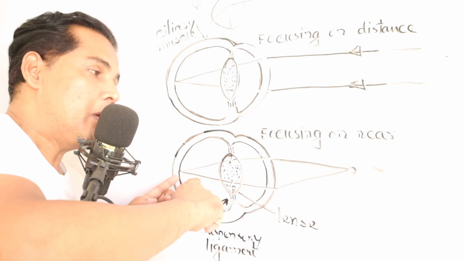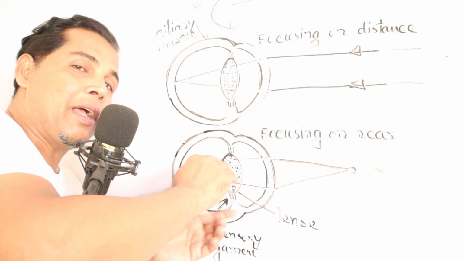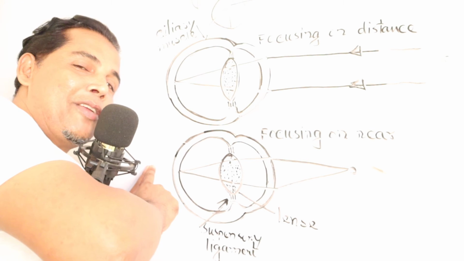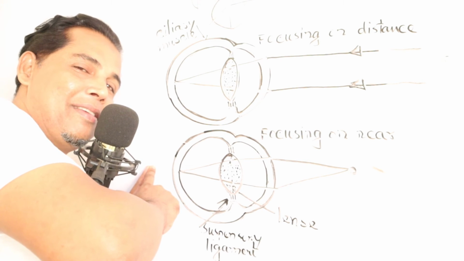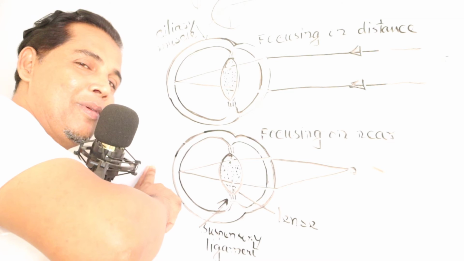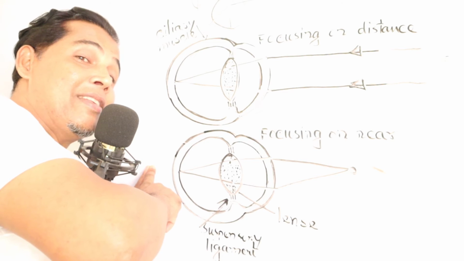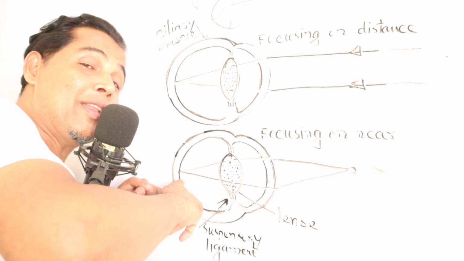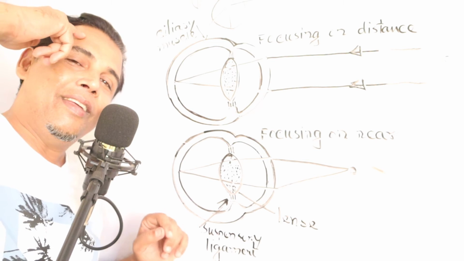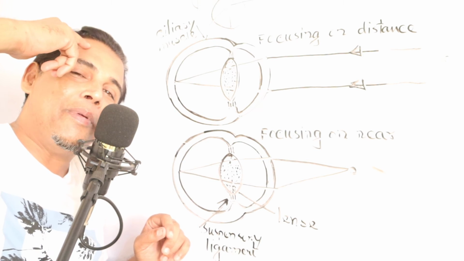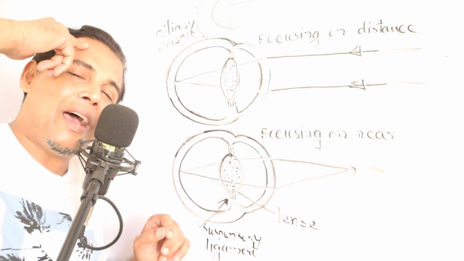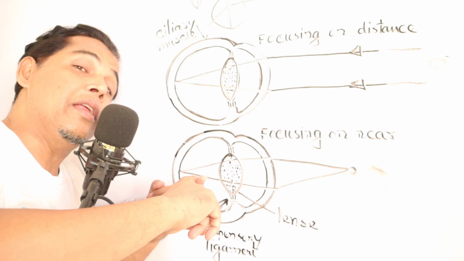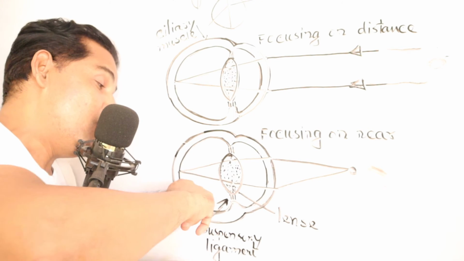Now if this lens doesn't become bent, the image forms behind the eye, which is not watchable, not realizable, because only if the image is held over the retina does the brain say, yes, I am watching. So the image only needs to be held over the retina.